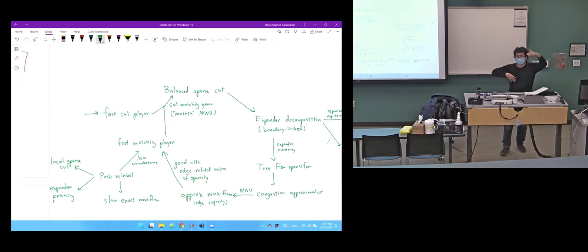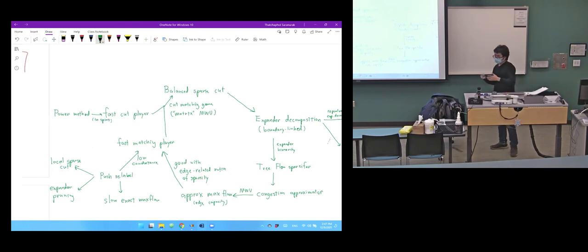You do some random projection and you do some threshold cut. So it's similar in spirit to the power method. Just in spirit.